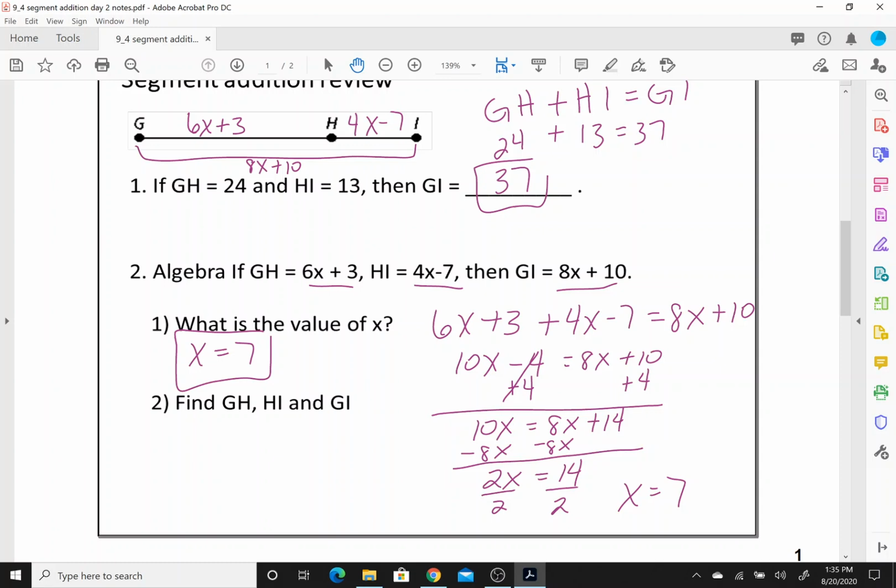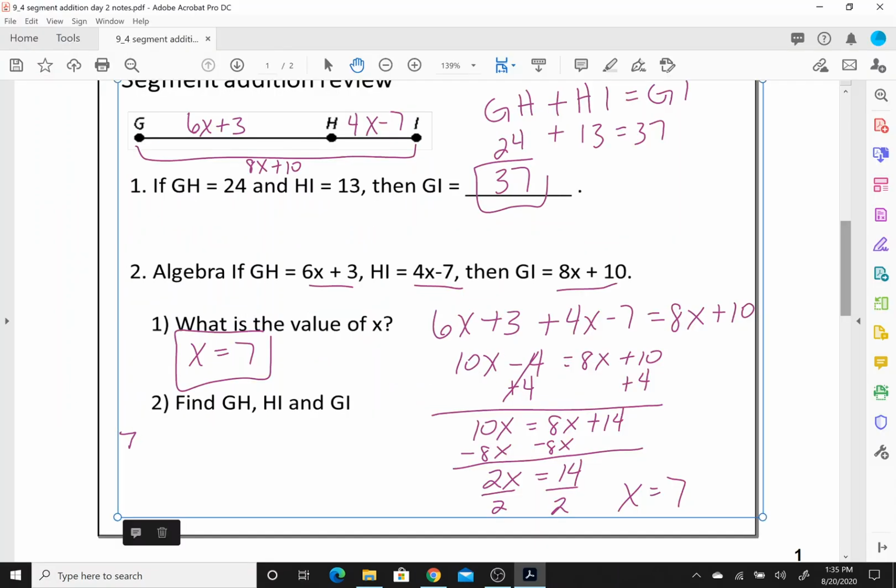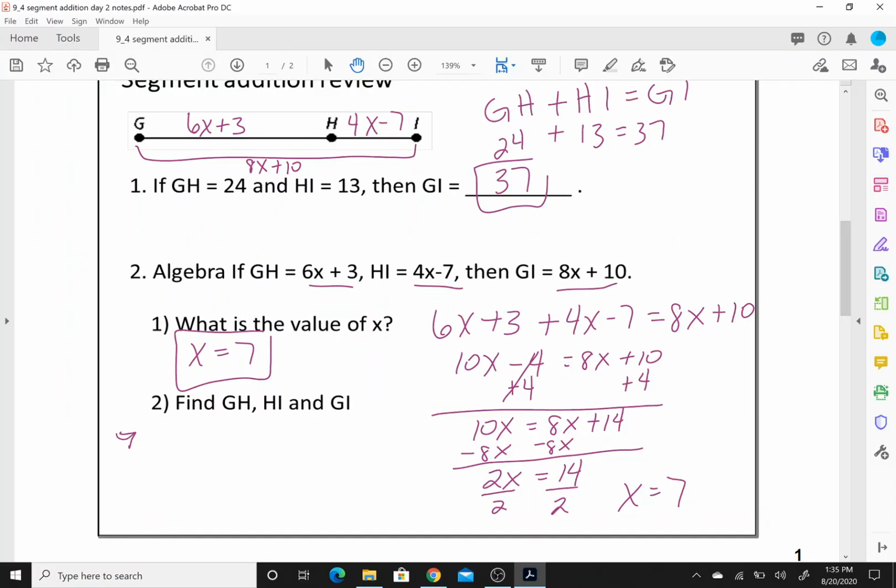Okay, and then the last part, it says find GH, HI, and GI. We know x. Now we can just take it and plug it in to find each of these other pieces. So GH, we have 6, and then instead of x, I'm going to put 7, plus 3. So 6 times 7, 42, plus 3, 45.